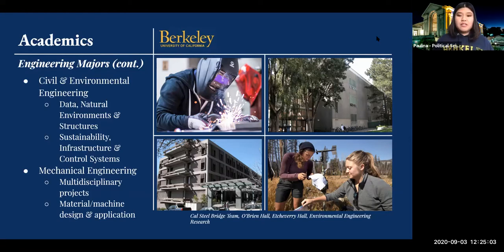They have a team, and they will make a 20-foot bridge by themselves. And then they'll go and compete in a huge national competition to see basically who has the best engineered bridge. Different software that they use for Steel Bridge include AutoCAD, SAP 2000, SolidWorks, and Fusion 360.